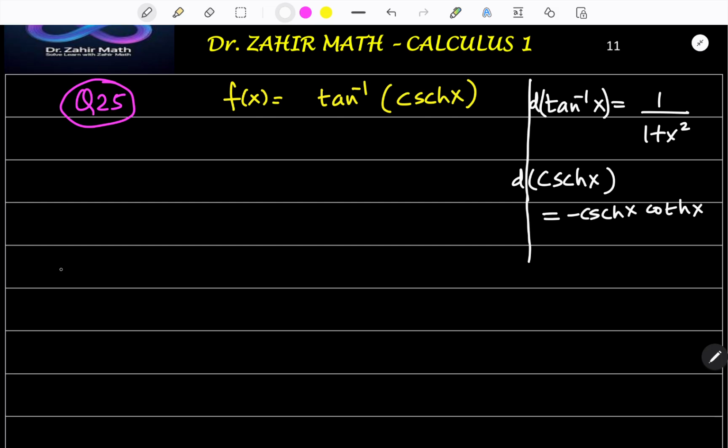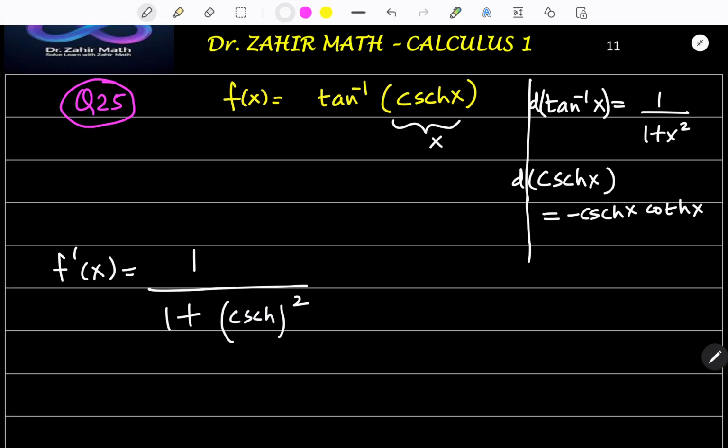Let us start now. So f dash of x. Look here, this is tan inverse x. What is the derivative of tan inverse x? 1 by 1 plus x square, where your x is cosecant hx.